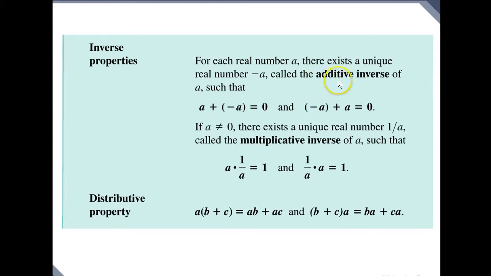This is the additive inverse, or the opposites that we spoke of when we talked about this earlier. And so is negative A plus A. So this is the inverse of addition, the additive inverse. If we add a number with its opposite sign, the result is 0.